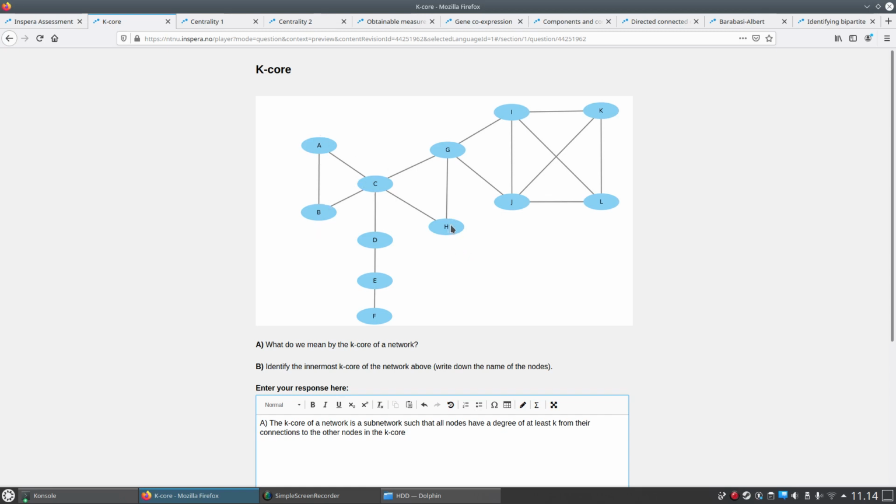H as well has a degree of 2, so it will go away. Then C now, since we've removed 3 of its neighbors, will only have a degree of 1, so it will go away as well. And then G will have lost its connections to both C and H, since they have been removed previously, and so we will have to remove G as well. And then we're stuck with I, J, K, L, which is a clique, and where everything has a degree of 3.